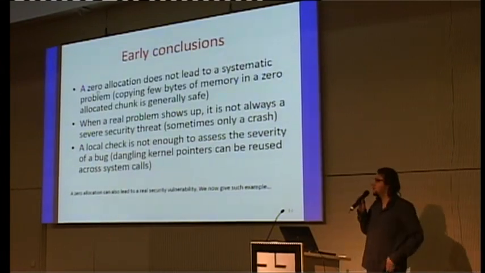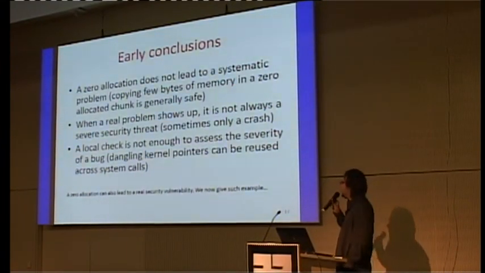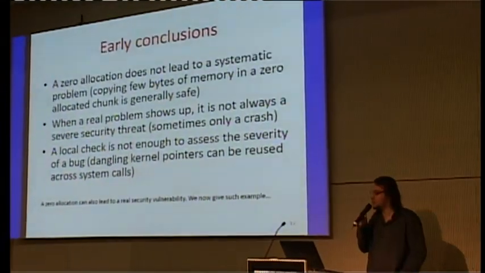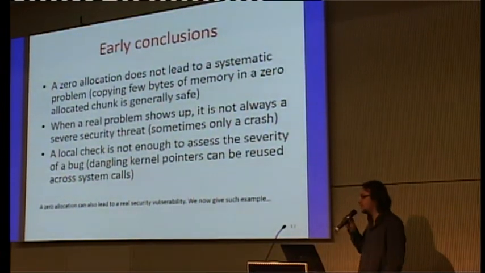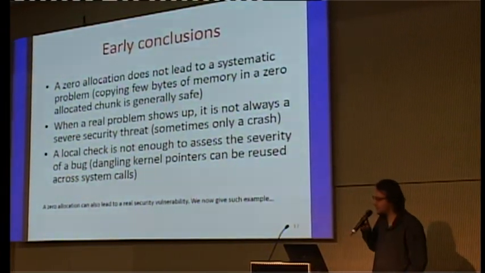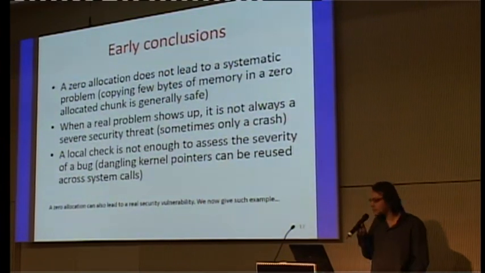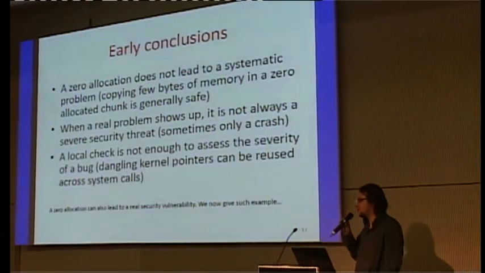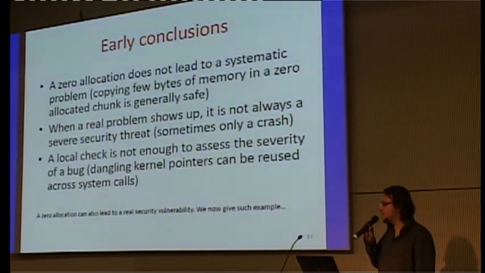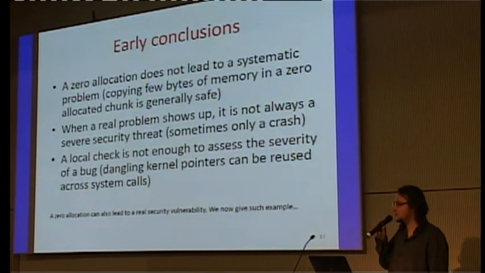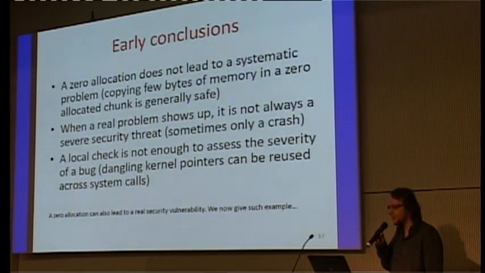Early conclusion from our example. When you have a zero allocation, it's not necessarily a problem. Sometimes it's perfectly safe. You do a zero size heap allocation, you don't touch the pointer, nothing happens, it's not a bug. When a real problem happens, it's not necessarily an escalation or elevation of privilege. It can be just a crash of the kernel, like a BSOD.